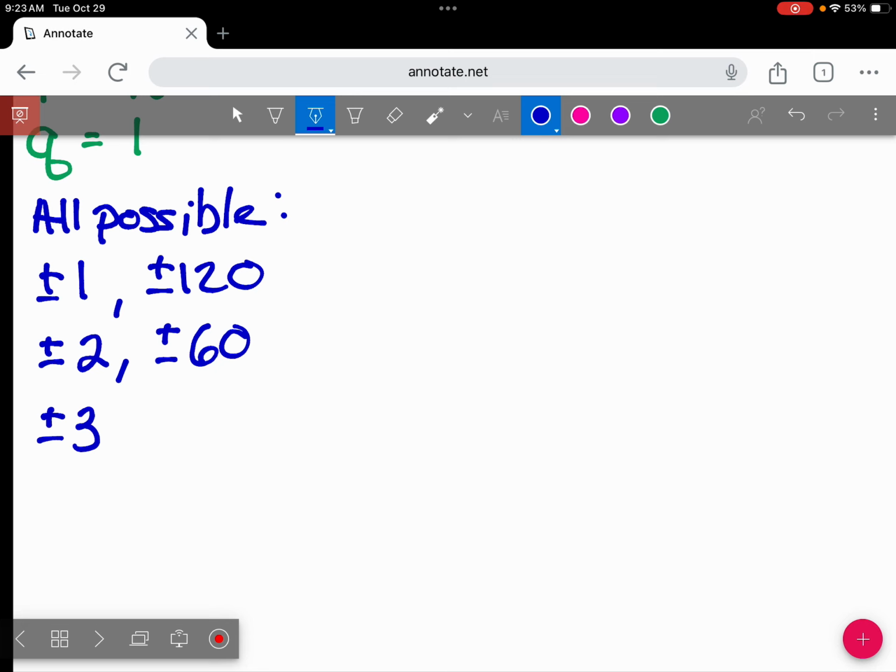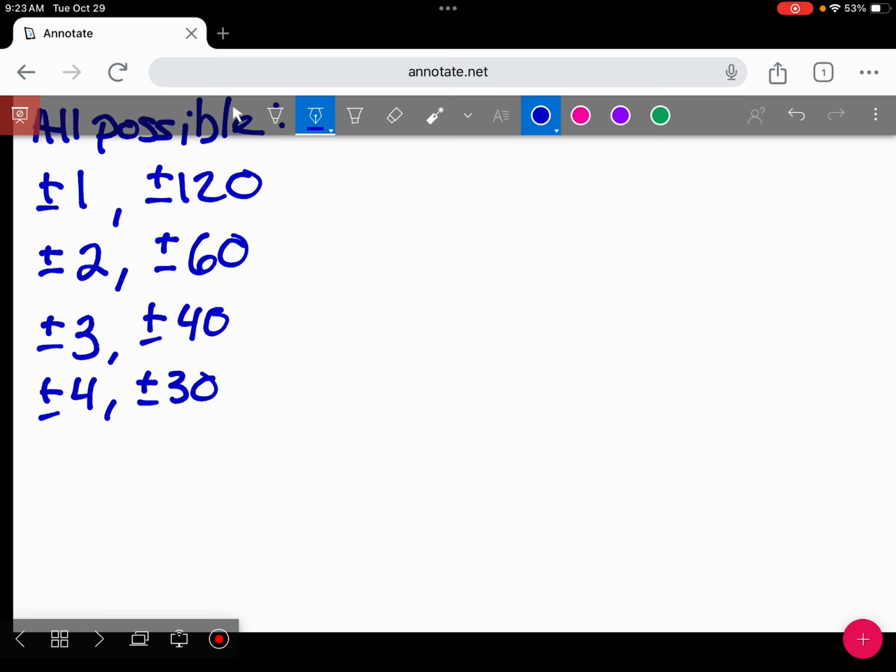So 3 and 40. 120 divided by 4: 4 and 30. Does 120 divide by 5? 5 and 24. It does, in fact, divide by 5. If it ends in a 0 or a 5, it divides by 5. It's 24.